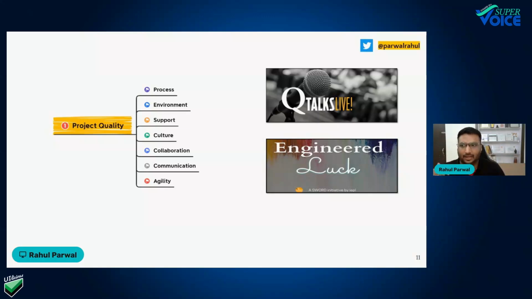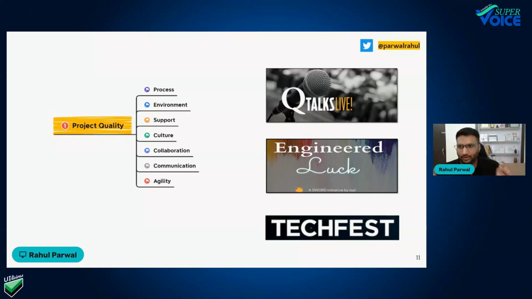Similarly, we have one more initiative that we always run, that is the Tech Fest. Tech Fest is a platform that we had at an organization level, where we used to invite different teams to talk about their quality journey within our organization and cross-pollinate ideas around quality, and talk about the different quality attributes that they have achieved and what value it gives to their customers.